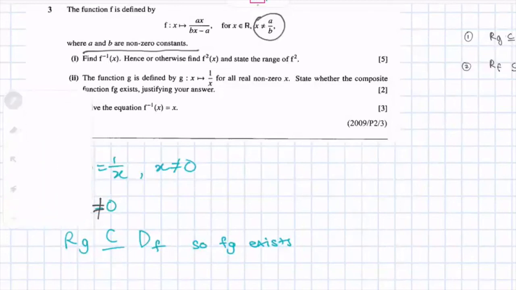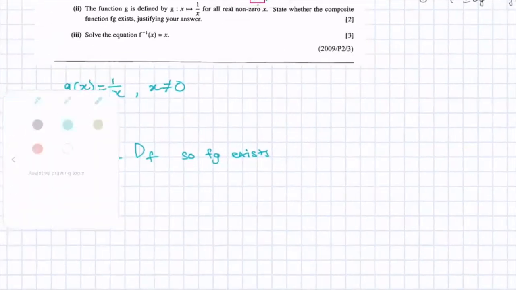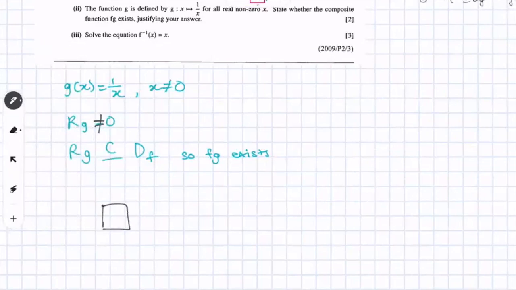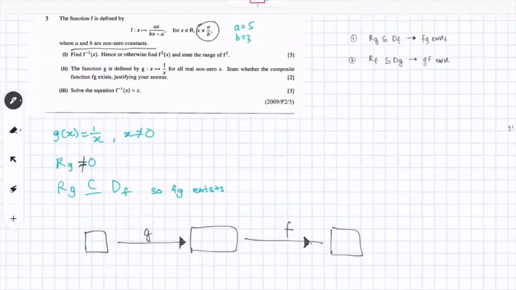Let's say we put numbers. A is 5, B is 3. This is machine G. Then you have another machine F. Let's say A over B is 3 over 5.